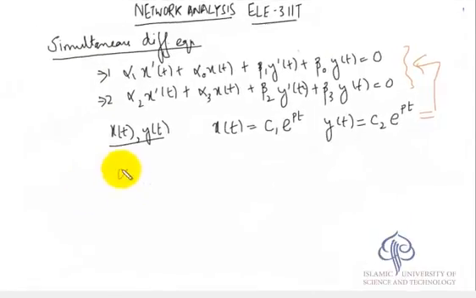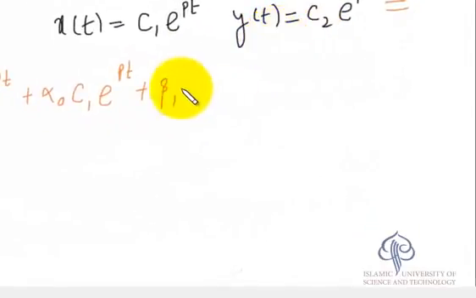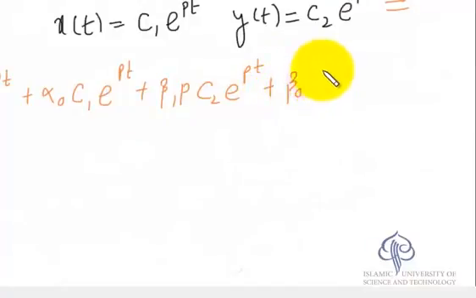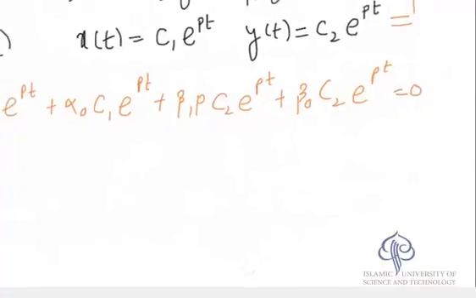You'll get alpha 1 p c1 e to the power pt plus alpha 0 c1 e to the power pt plus beta 1. Now differentiate this, p c2 e to the power pt plus beta 0 c2 e to the power pt is equal to 0. This is for the first equation.